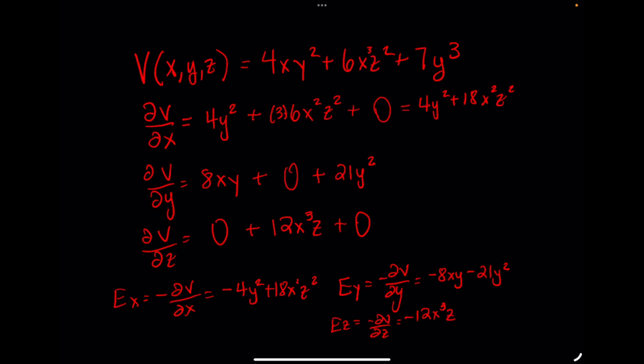So if we were going to write this vector in vector notation, the electric field vector, I'm going to write it up here. This is what it would be, okay? It would be all that business here. This should be a minus, sorry about that.